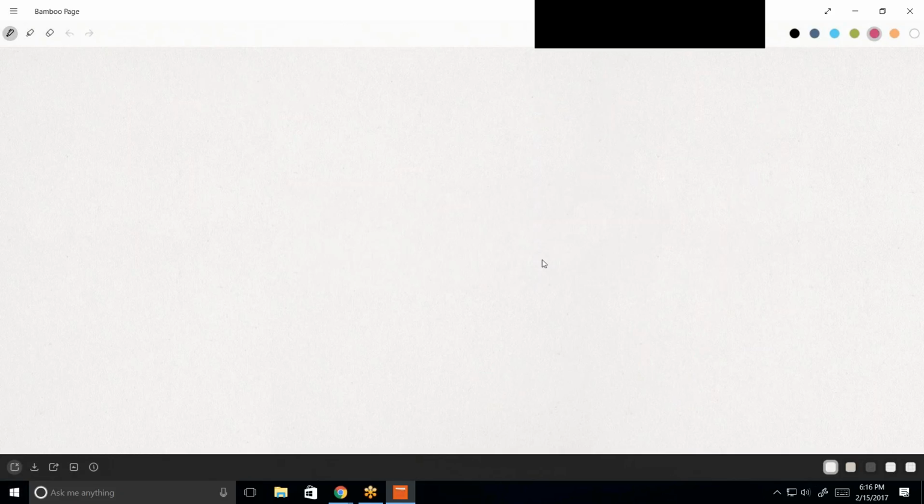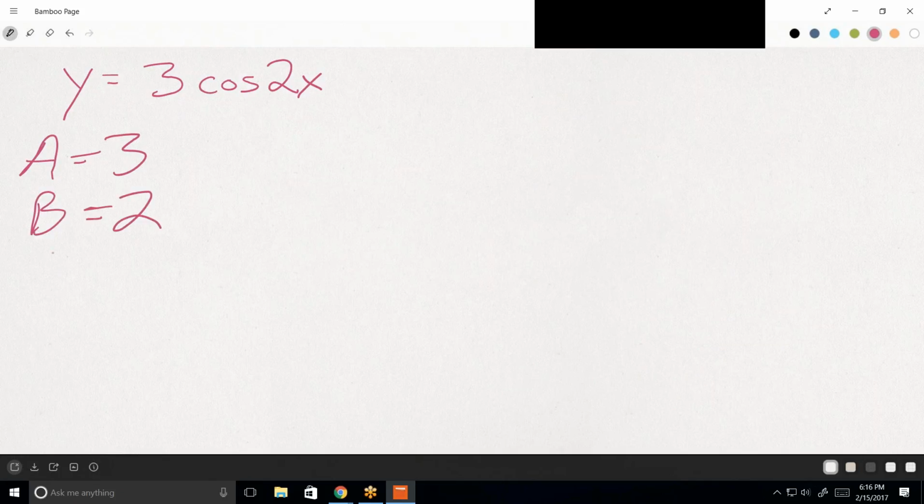So then, if that were 3 times cosine of 2x, let's do that one. The 2 affects what? Let's go through this the way we should. A equals 3, B equals 2, C equals 0, and D equals 0.